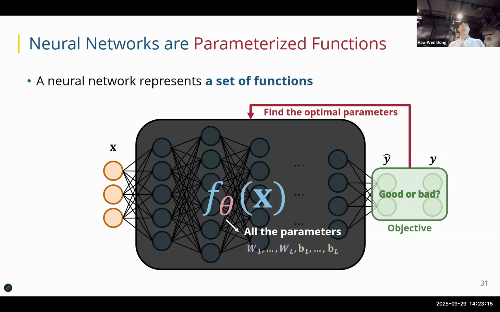And our goal is to look at the estimation and the real ground truths so that we can define whether those are good or bad. And then we use that as the signal to find the optimal parameters that give us the best function or estimation of that function.